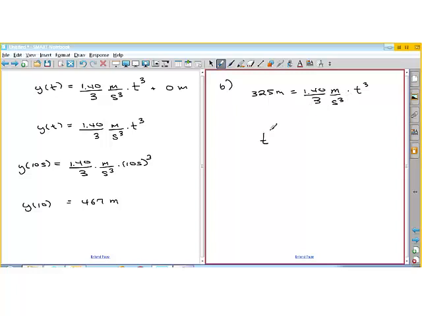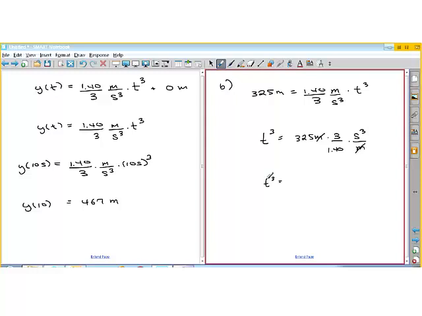If we divide both sides by this, we get t cubed is equal to 325 meters, and then we take the reciprocal, 3 over 1.4, and the reciprocal of the units, seconds cubed over meters. You see the meters cancel out, and we just end up with seconds cubed.